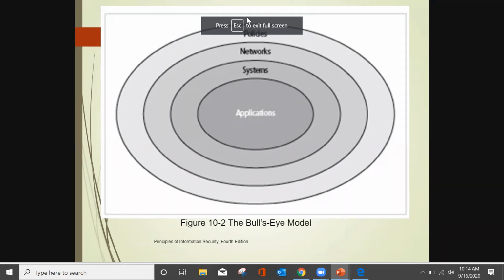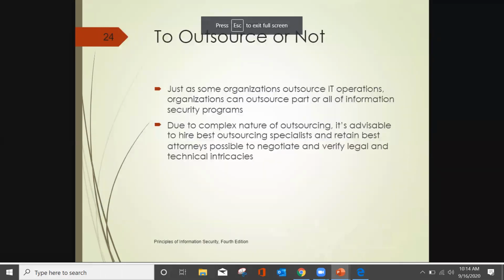So this is how the security model is: you look at the large organizational policies, then the networks embedded in it, then the systems, and within each system, the applications, and try to develop the safeguarding.